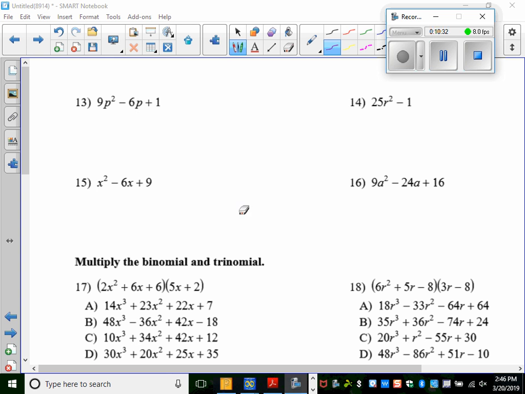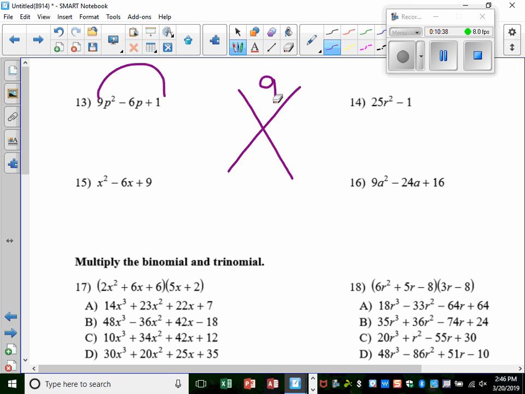Now, if that's confusing to you, you can still do this. 9 times 1 is 9. Put this at the bottom. So then you can say, okay, well, what times what gives me 9 that can add up to -6? What do you think? -3 and -3. Okay, and then you would divide by your A term.